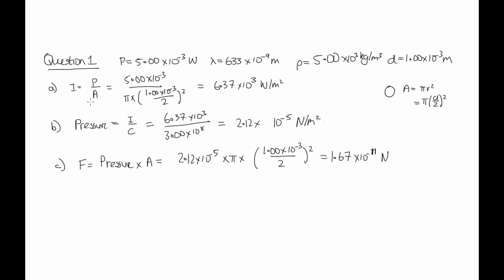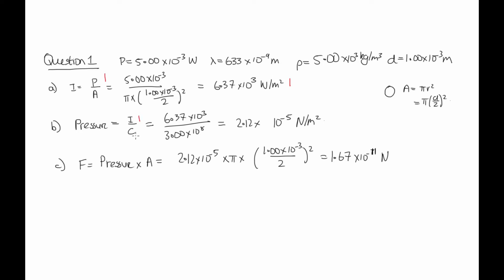Now for part A, you get a mark for realizing that the intensity is equal to the power divided by the area. So that's 1 mark. And then there's an additional mark for the correct answer. So part A is out of 2 marks. Part B, we get 1 mark for giving the correct formula relating pressure, intensity, and the speed of light.